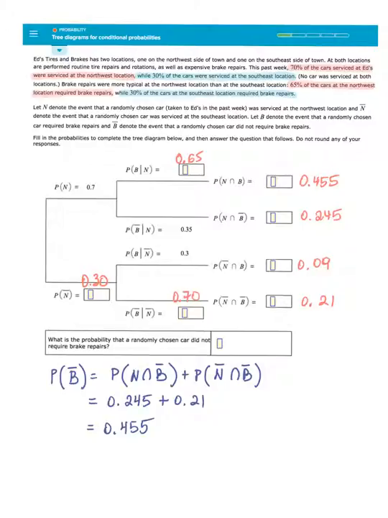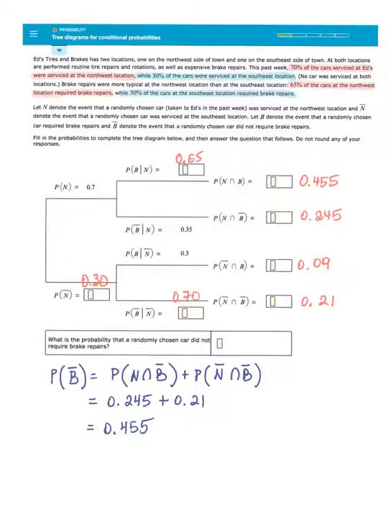So we need the probability in one location of cars not getting brakes fixed, plus the probability of the second location of the cars that didn't get their brakes fixed. So we will combine these two probabilities. And because we had this little statement over here which says no car was serviced at both locations, we do not have to worry about the potential overlap between these two probabilities.